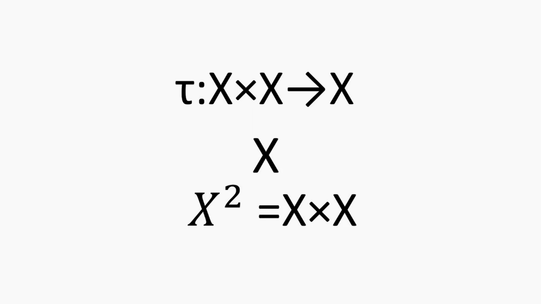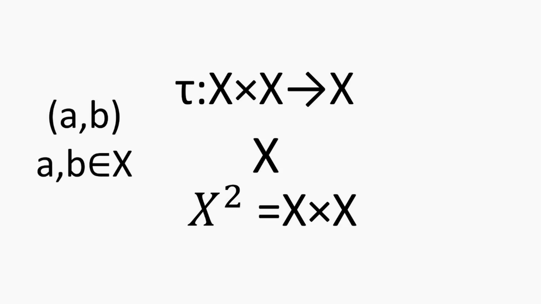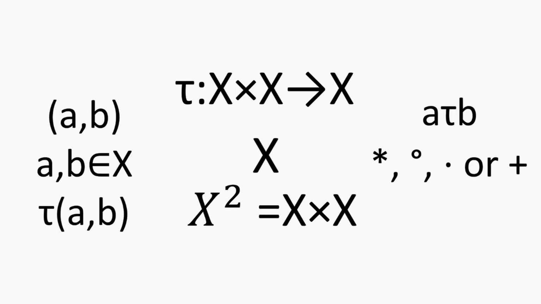Thus, any ordered pair a and b, which are elements of x, is put in correspondence with a certain element tau(a, b) of the same set x. Sometimes, instead of tau(a, b), they write a tau b, and even more often the binary operation on x is denoted by some special symbol, like that.